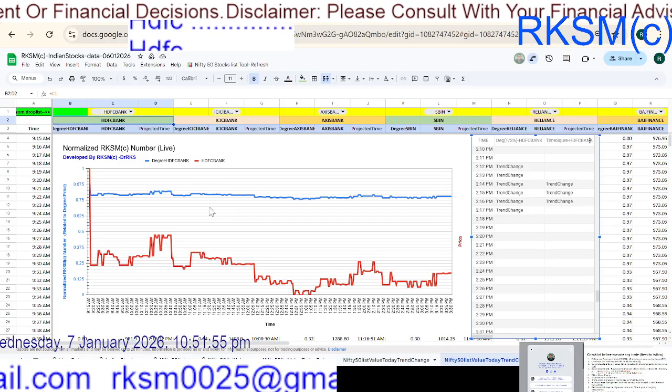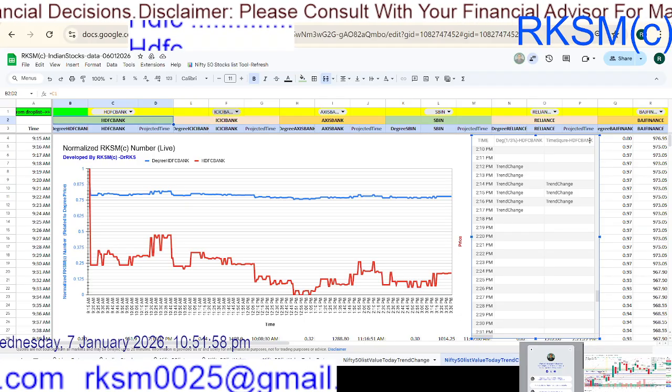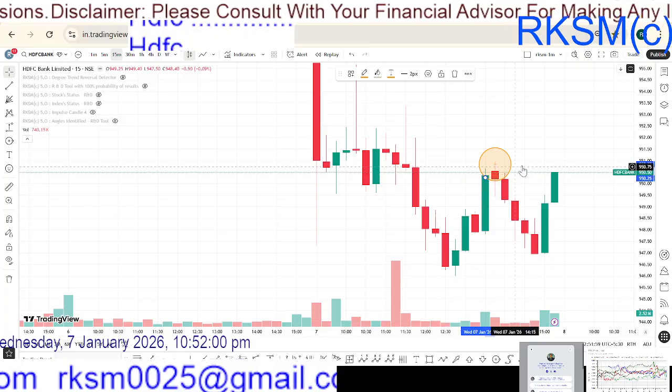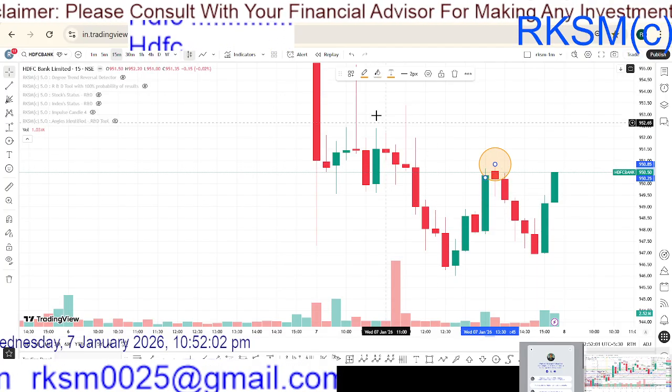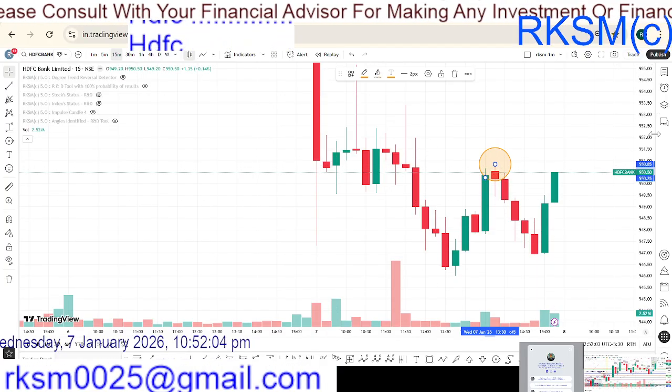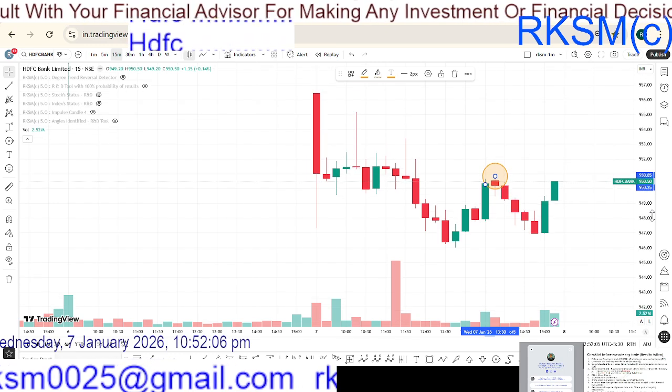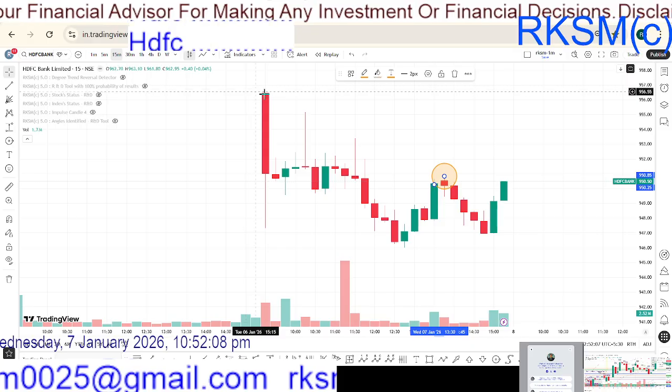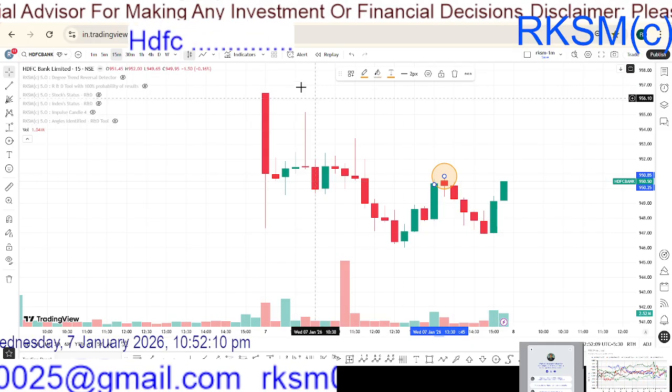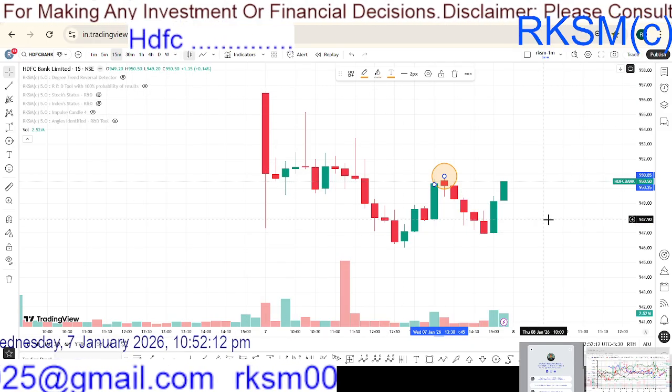Okay, basically we have seen this locally. Locally we are able to see it, but if you look at the overall picture of today's trend, it is a completed downside trend of HDFC Bank. Okay.